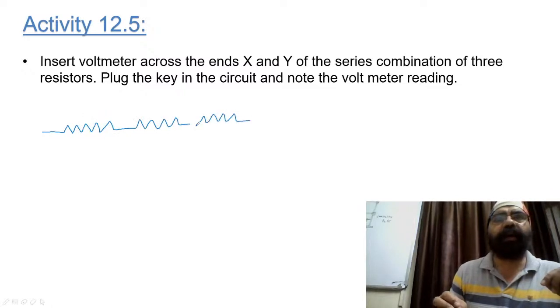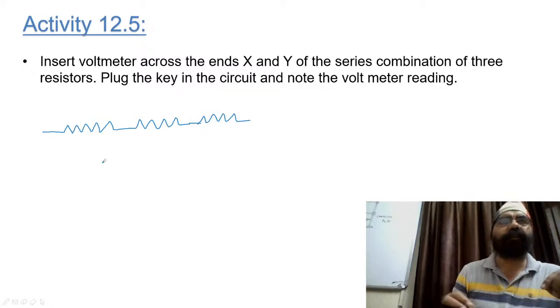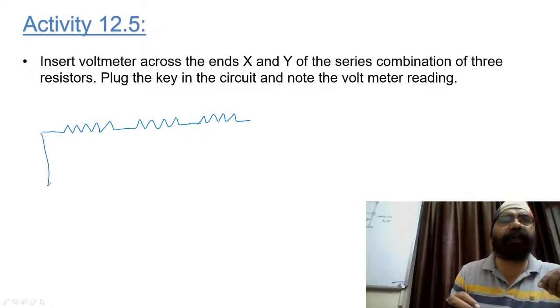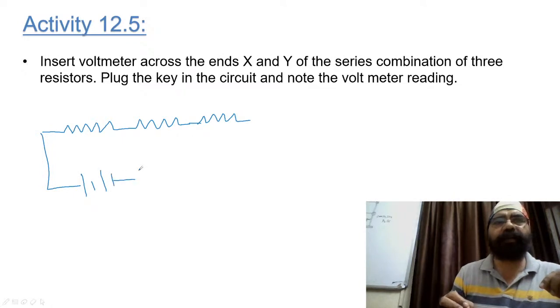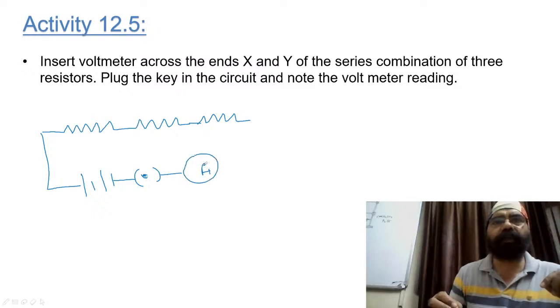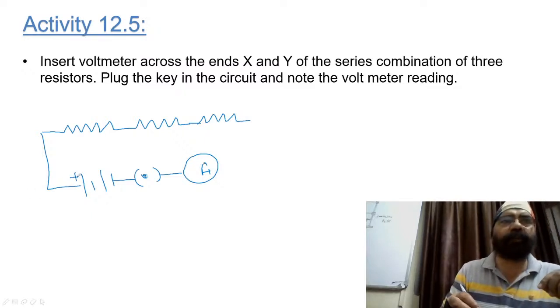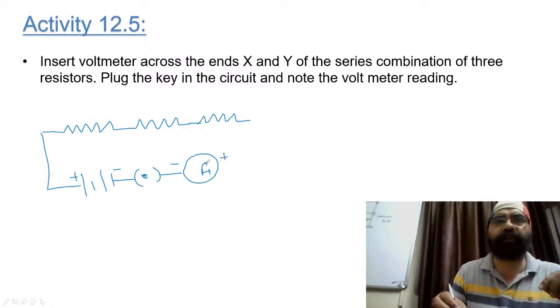I again connect them with a battery. I connect a plug-in key, and I connect an ammeter. Now this is the positive, this is the negative, which means this is negative and this one is positive.